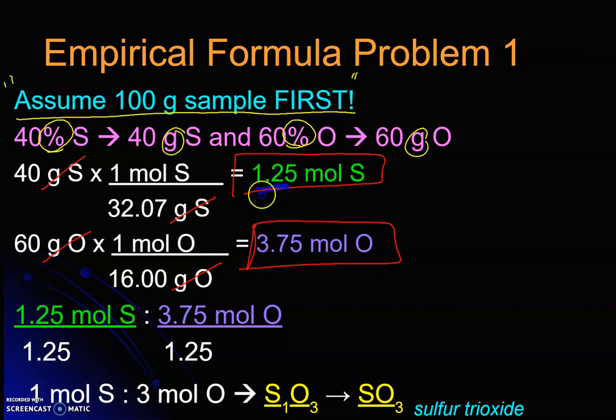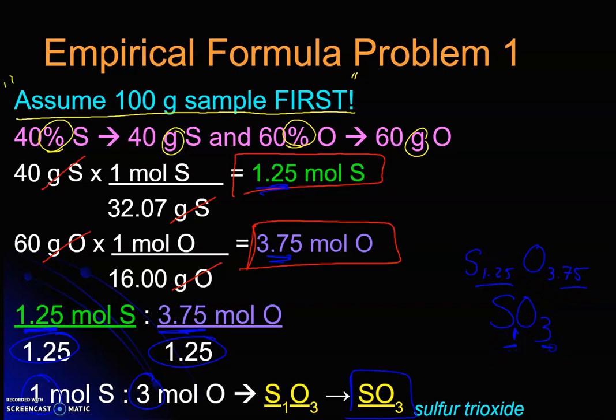Okay, set up your two values, 1.25 for every 3.75. Divide both numbers by the smaller of the two numbers, and you get a 1 to 3 ratio. So that means sulfur trioxide. So if you look at SO3, that 1 to 3, if you went back here to where we have our decimal points, that is a 1 to 3 ratio of these guys right here.